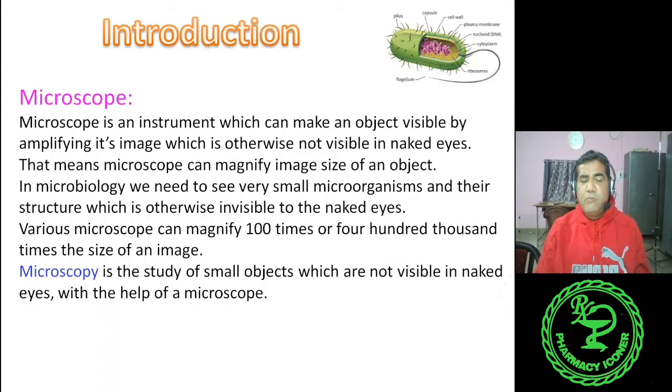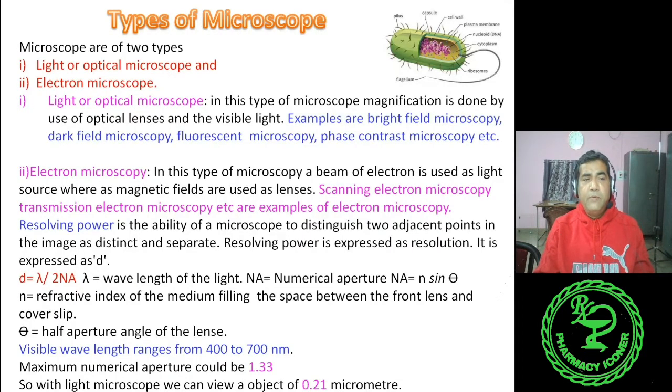Various microscopes can magnify 100 times or 400,000 times the size of an image. So, in brief, microscopy is the study of small objects which are not visible to the naked eye with the help of a microscope.